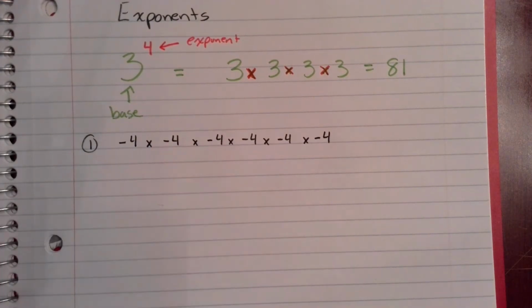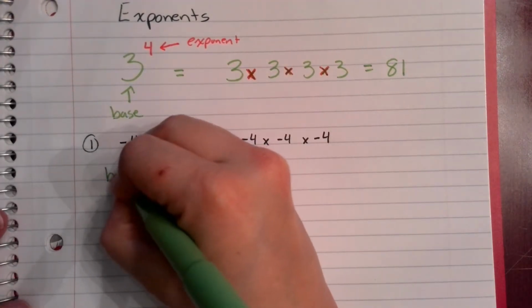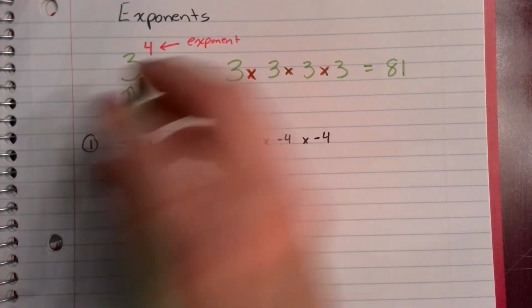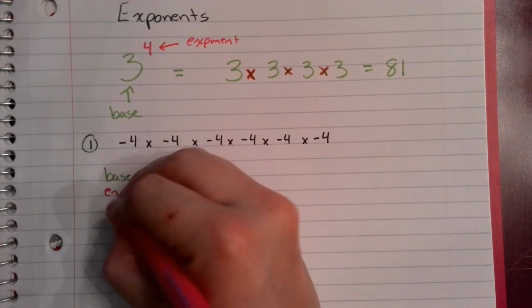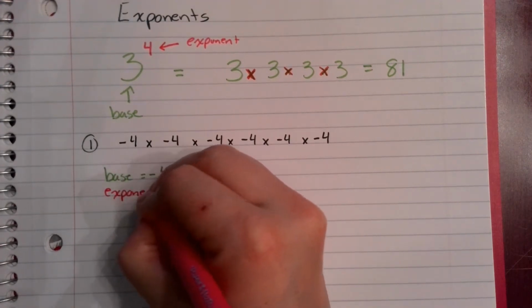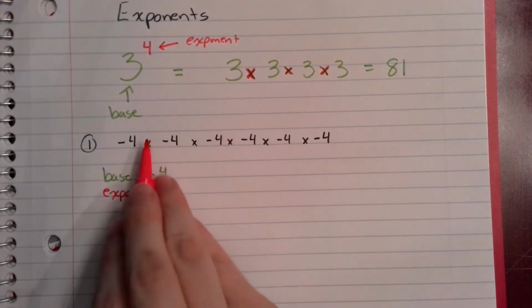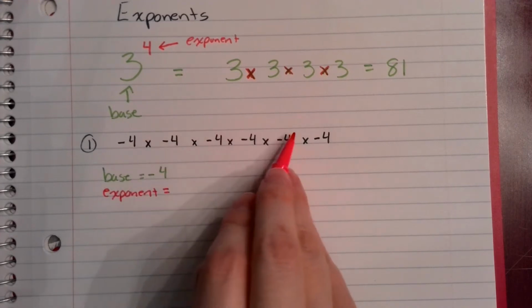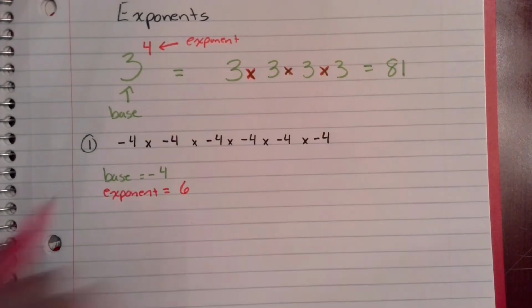That's my base. My exponent, in this case, is how many times the -4 repeats: 1, 2, 3, 4, 5, 6 times. So my exponent is a 6.